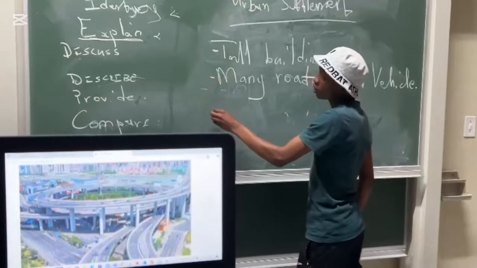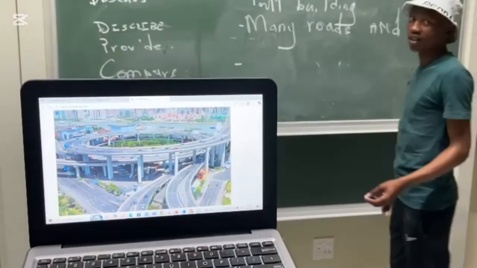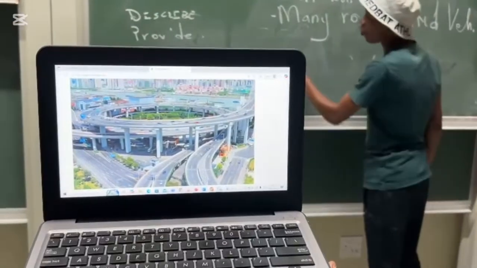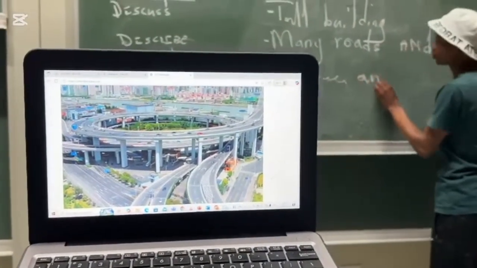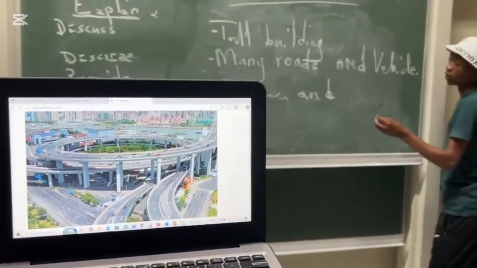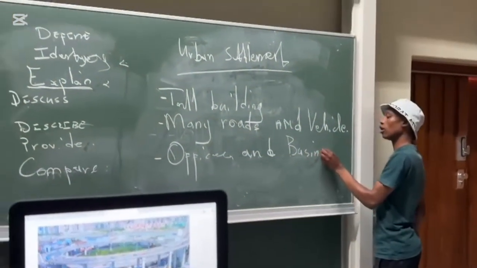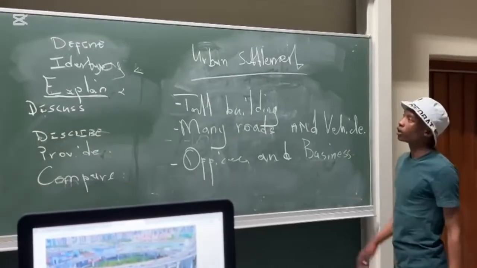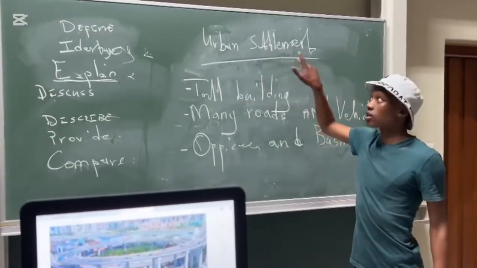And guys, if you check that picture once again, you will find that those buildings have offices and businesses. Meaning many people work in an urban settlement. They generate income from the urban settlement.